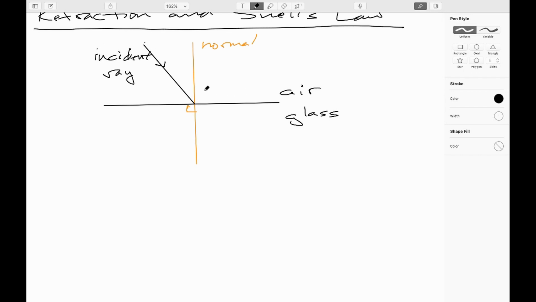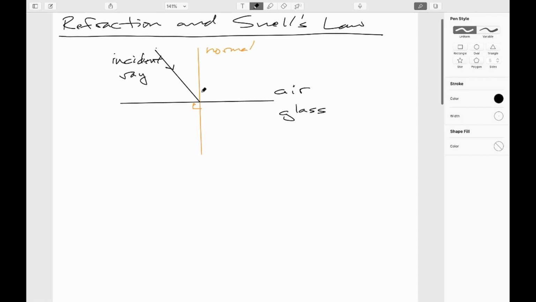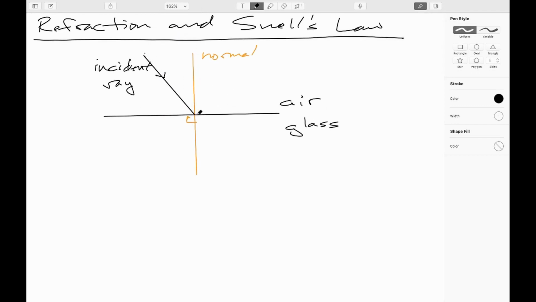And we already saw that we will have a ray that reflects out at the same angle. So here's our reflected ray, and its intensity is less than the incident ray.